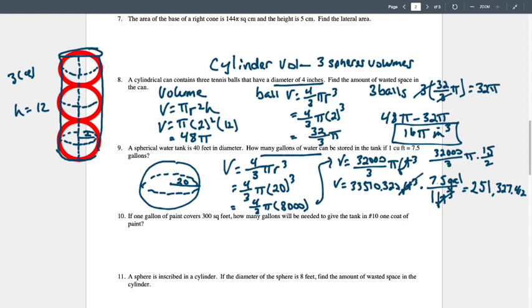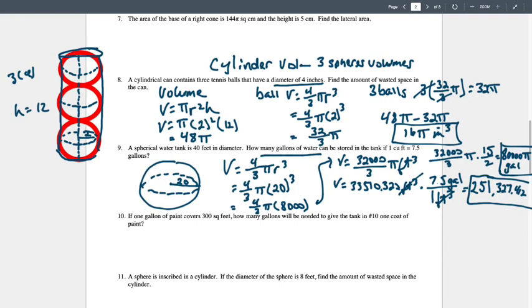So when you multiply that out, you'll multiply 32,000 over 3 times 15 over 2, and it ends up being 80,000 pi gallons. So that's an exact answer right there, and this is a rounded off answer right here. Either answer is right though.